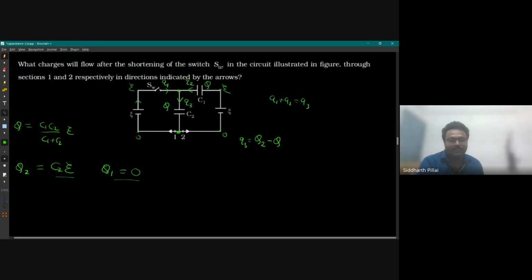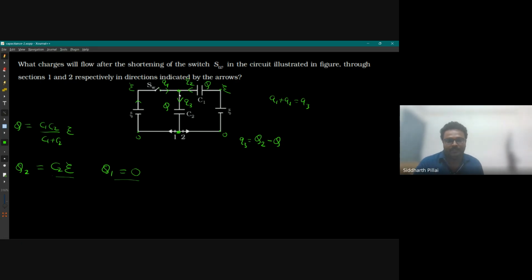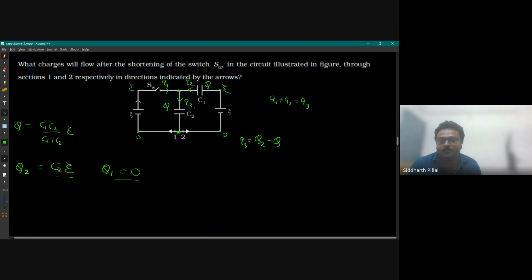I hope you're following. If not, please stop me if you have any doubt. So that would be the final charge on the capacitor minus the initial charge. Let's write it down. What is this Q2 minus Q? I get C2E minus C1 C2 by C1 plus C2, and I can take C2E common. So 1 minus C1 by C1 plus C2, into C2E.